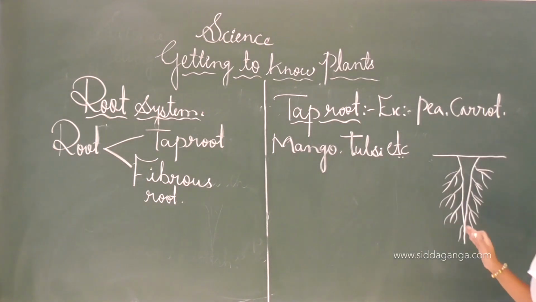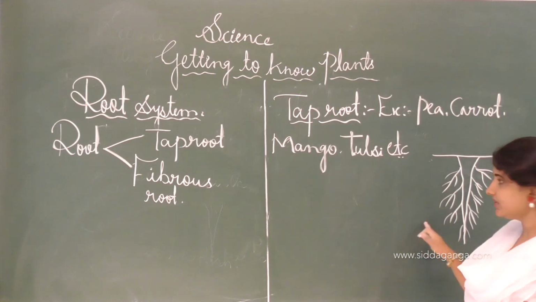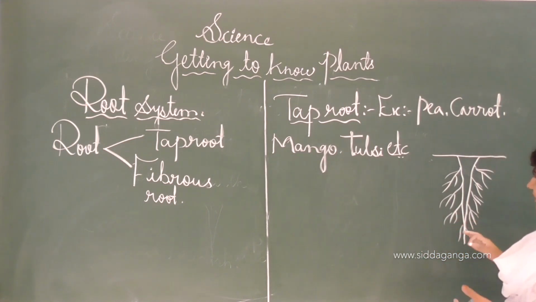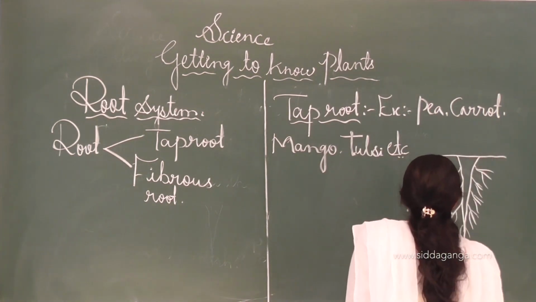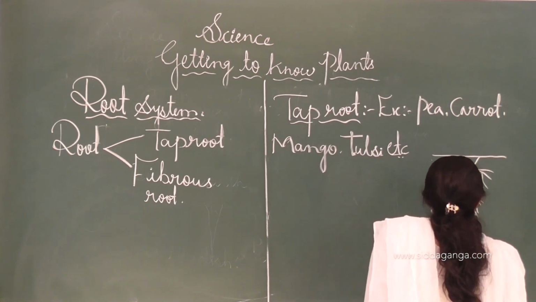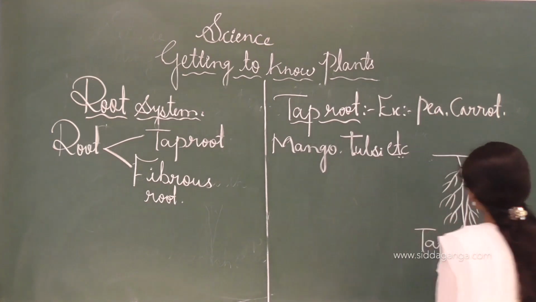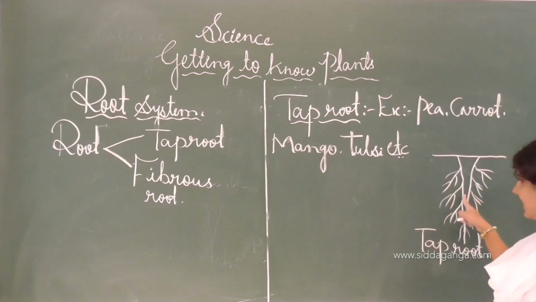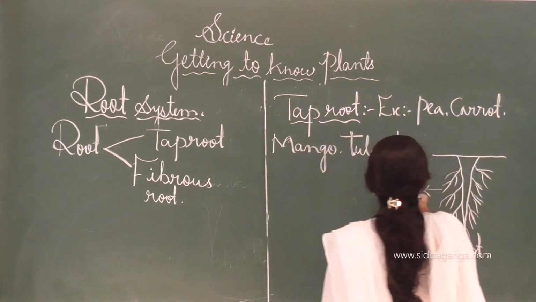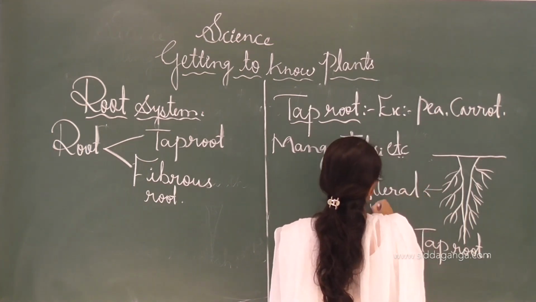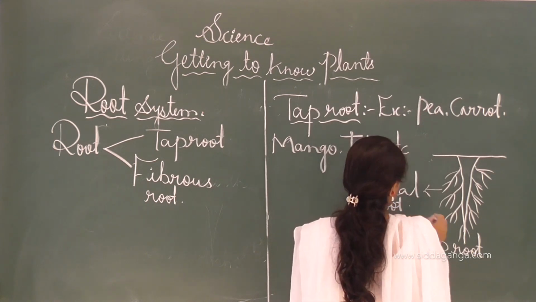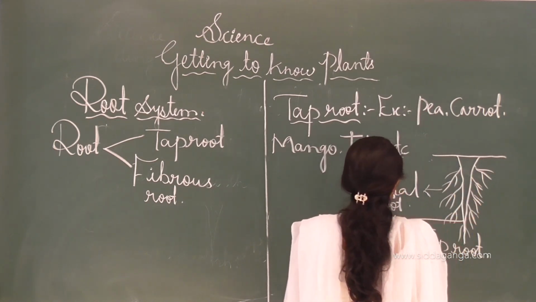This tap root has branches, that is, root branches which spread in the ground. This tap root has the main root, and the secondary roots are nothing but the lateral roots. And this one is the main root.